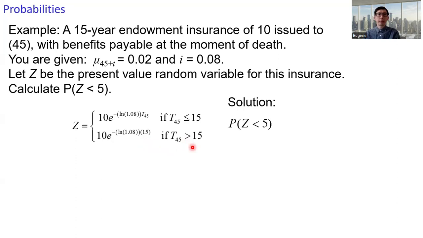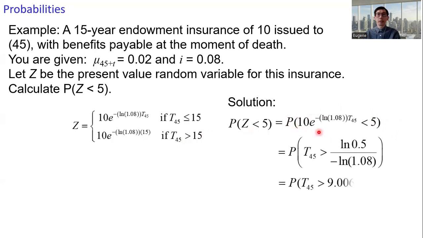We need to get the probability that Z is less than 5. In terms of T45, we get this probability statement and then simplify that. We get the probability that T45 is greater than 9.0065.